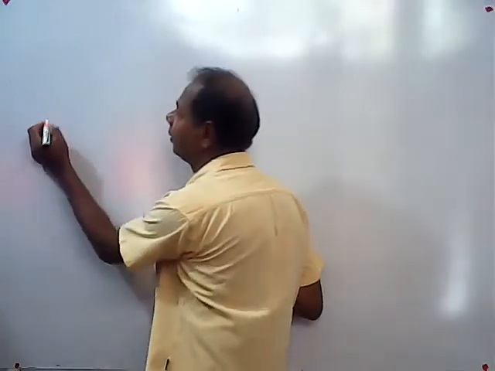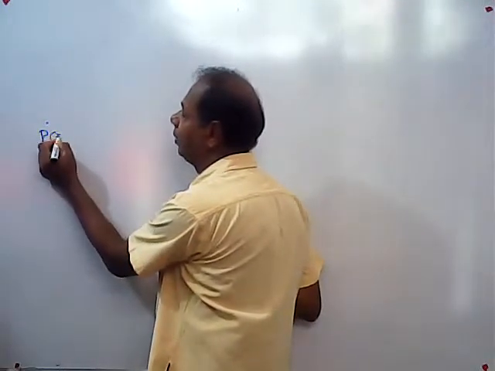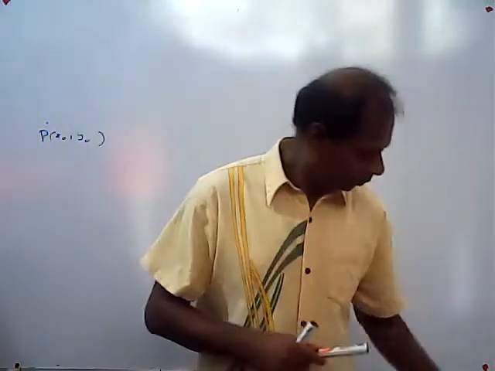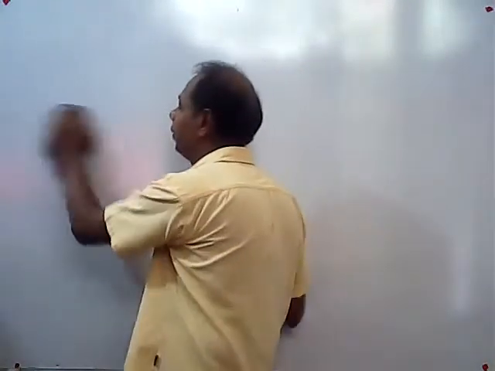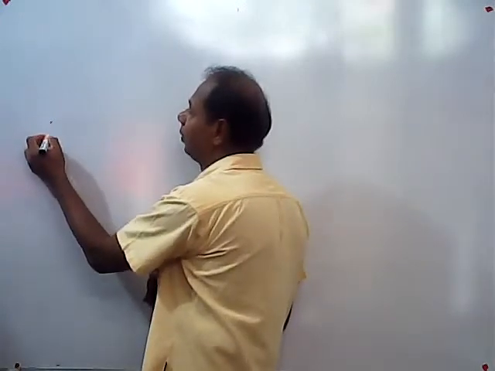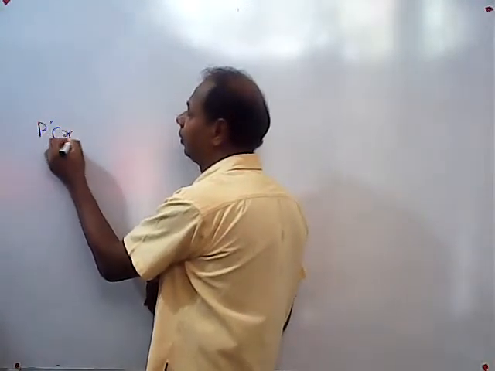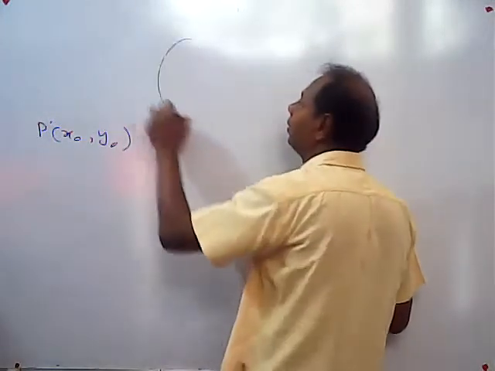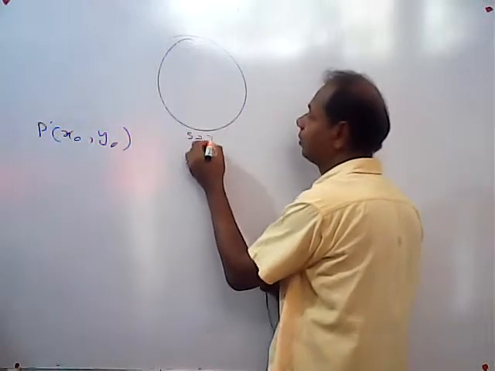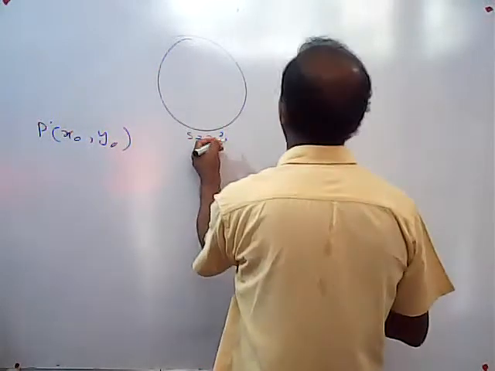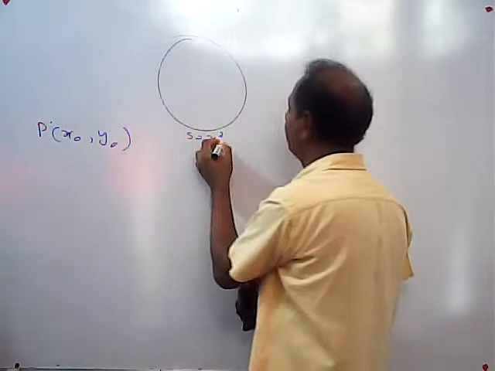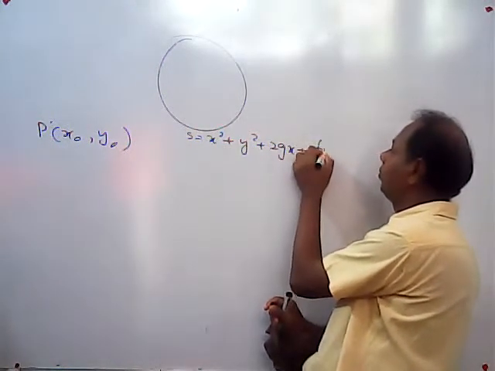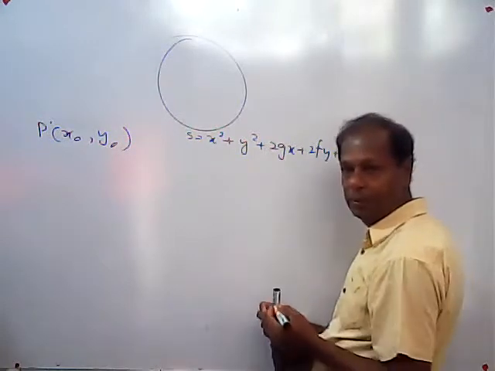You are given a point P(x naught, y naught) and the circle x squared plus y squared plus 2dx plus 2fy plus c equals 0.